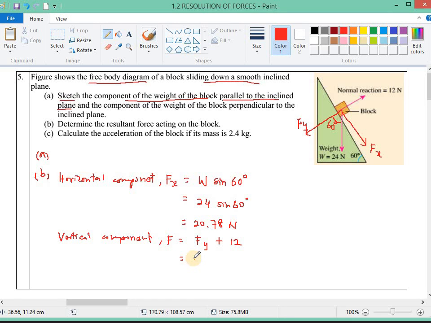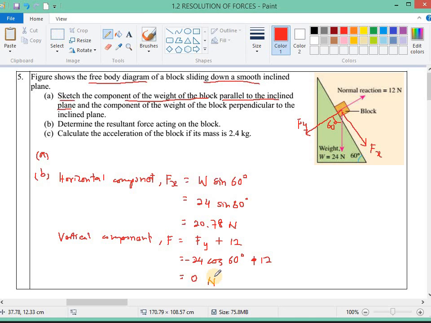So the weight is 24 cos 60 degree, plus 12. Wait, I forgot that this Fy is in the opposite direction, so negative. Okay, we get 0.